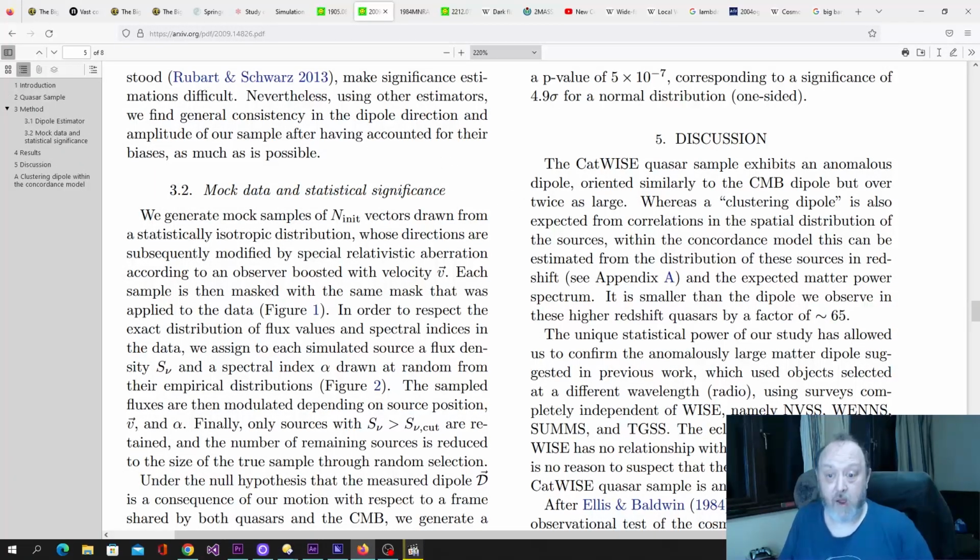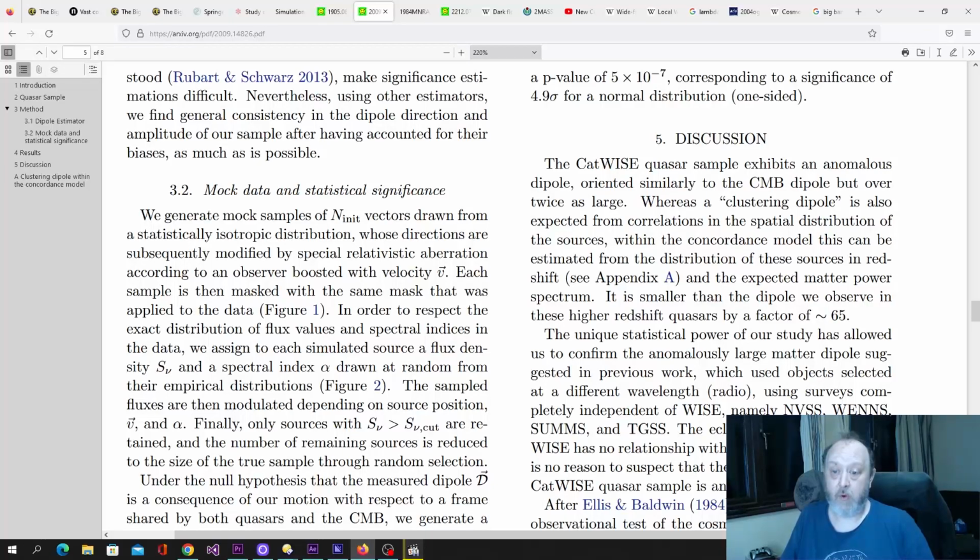The CatWISE, so we'll go through the discussion. The CatWISE quasar sample exhibits an anomalous dipole orientated similarly to the CMB dipole, but over twice as large, whereas a clustering dipole is also expected from correlations in the spatial distribution of the sources.